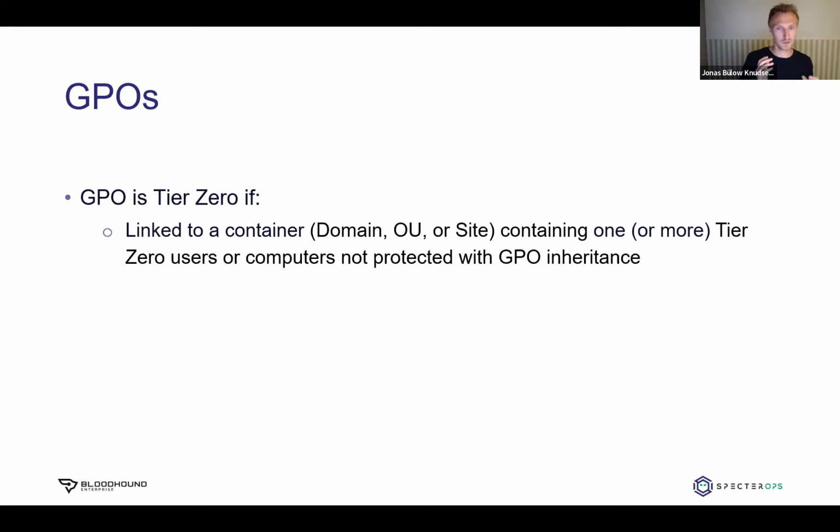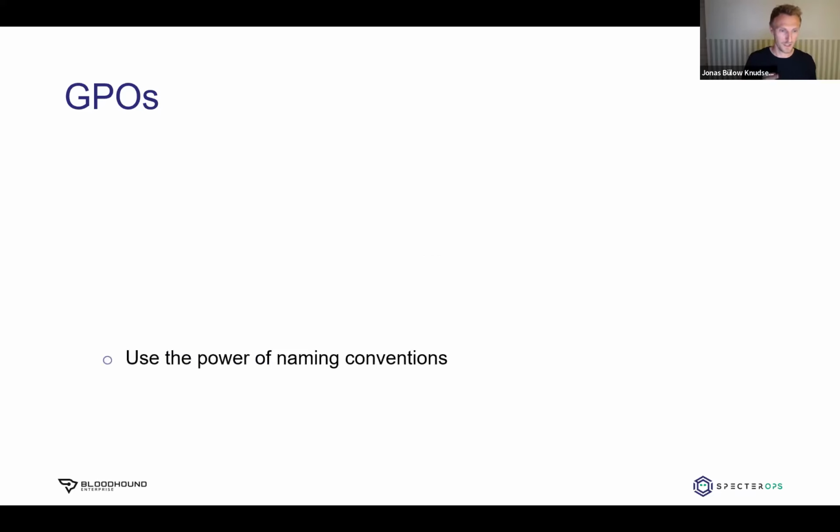In general, disabling GPO inheritance makes it very difficult to predict what's going to happen in the environment, and it creates a messy environment. So we'll definitely not recommend doing that. And also it's possible to enforce a GPO, so you can enforce it such that this inheritance does not apply.